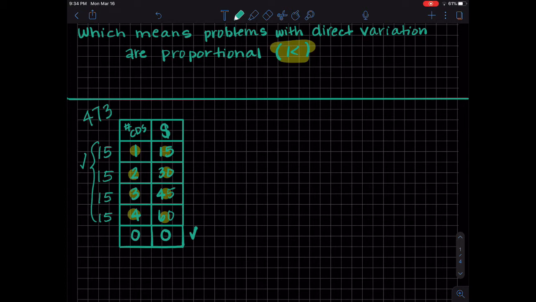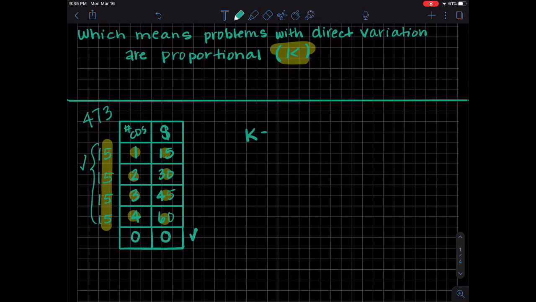Now we figured out that 15 is our constant, or our k, because it is constant between each of these scenarios: the 1 and 15, the 2 and 30, the 3 and 45, the 4 and 60.